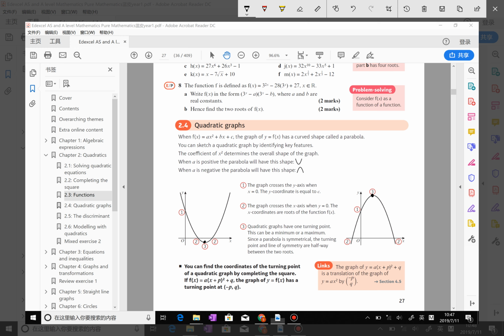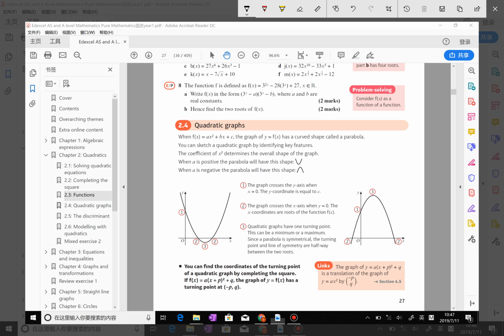And then where the curve intercepts the x-axis, we call it roots. Sometimes there are no roots for the quadratic equation, like this or like this. Okay. And also this point we call the turning point. Okay. So let's move on.